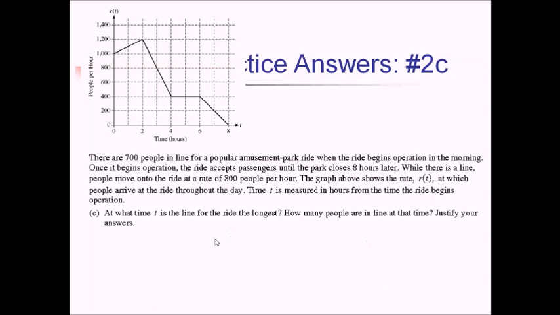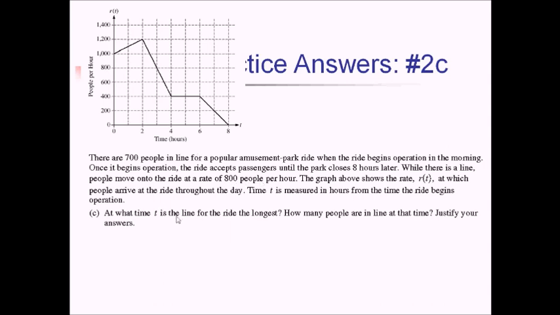For part C on this one, we want to know at what time t is the line for the ride the longest, and then how many people are in line at that time. So let's deal with this first part of the question. We know that while the rate is bigger than 800, there are more people coming into the line than are actually getting on the ride, so the line is growing.